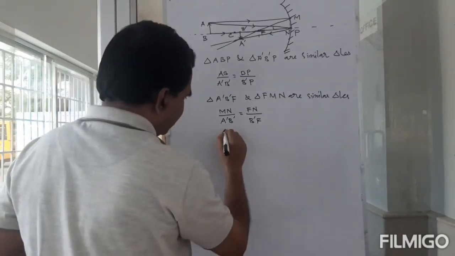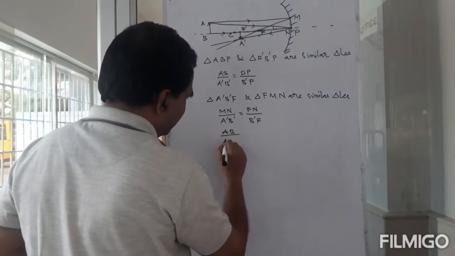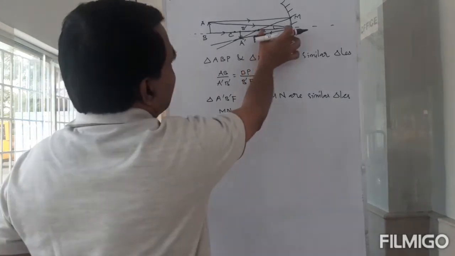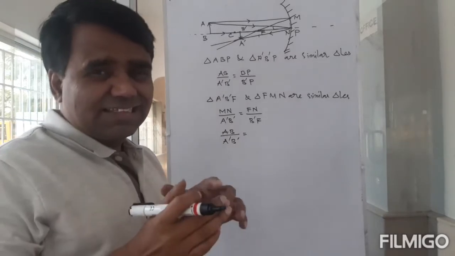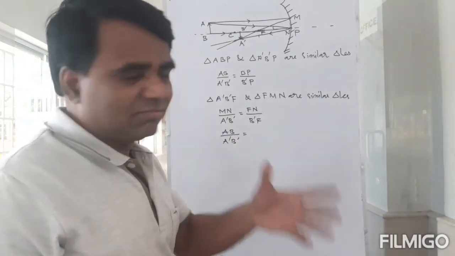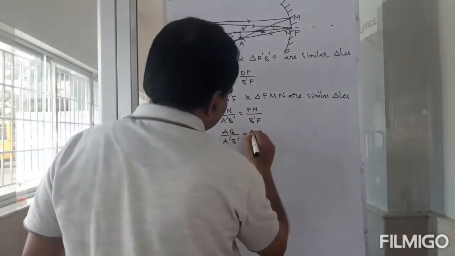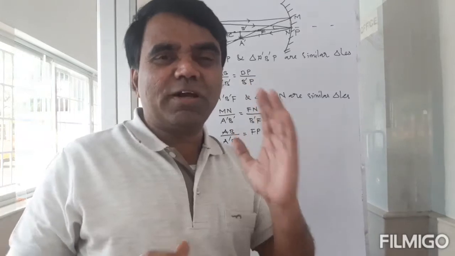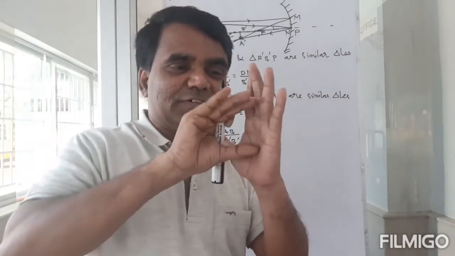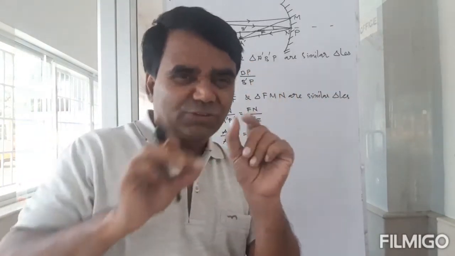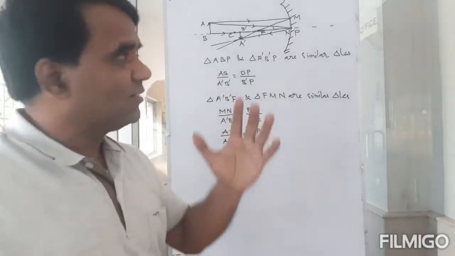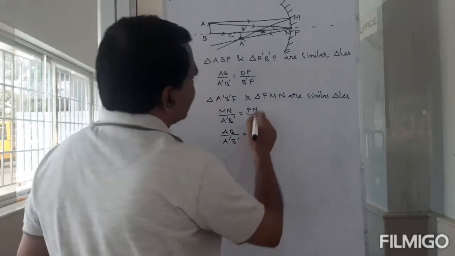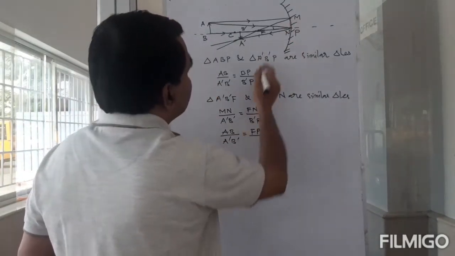So this will become AB by A dash B dash. This is equal to FN, which is approximately the same as FP. It's almost the same. That's the whole point of paraxial lines, where we are very close, then that difference can be ignored. So this is going to be FP divided by B dash F.